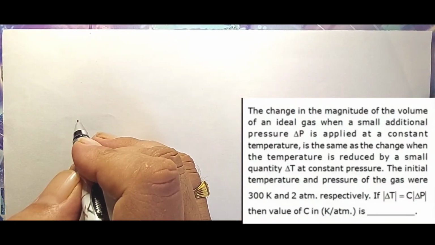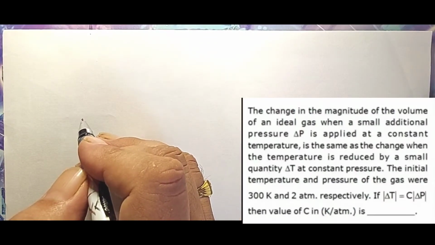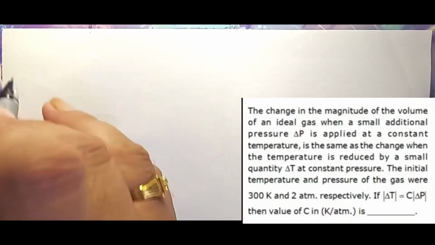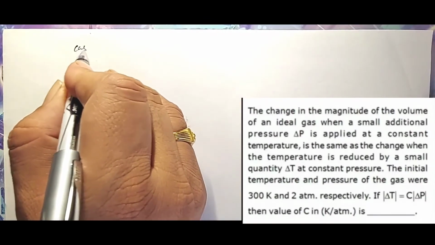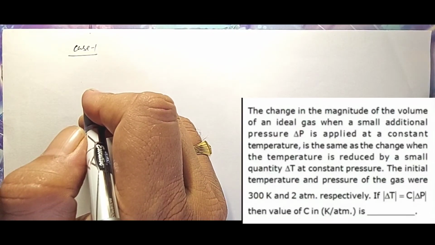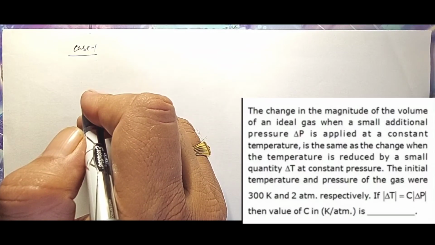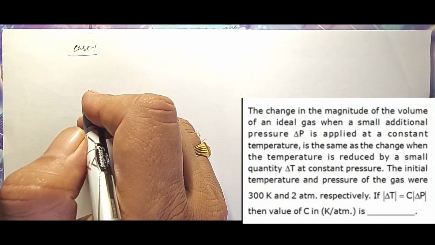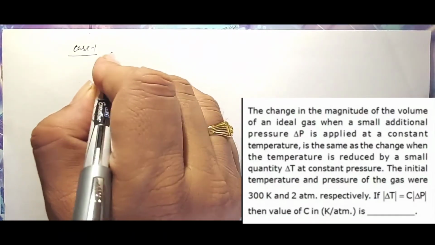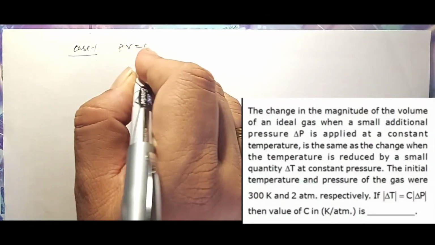So this problem has two cases. Case 1: a small amount of additional pressure delta P is applied at constant temperature. Apply Boyle's law to this ideal gas. PV is equal to constant.